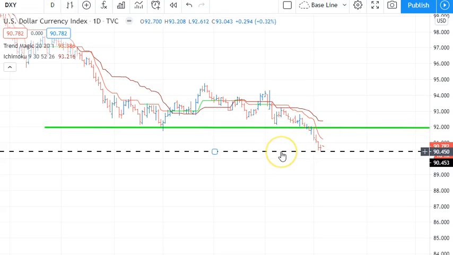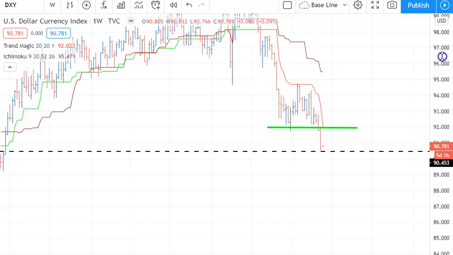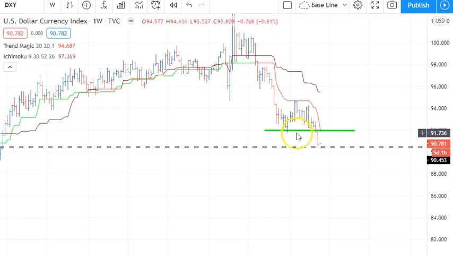Now you can see the line in the sand that I have, and it's easy to pick up on the weekly. You can see this was where we were looking at last week, the break below.